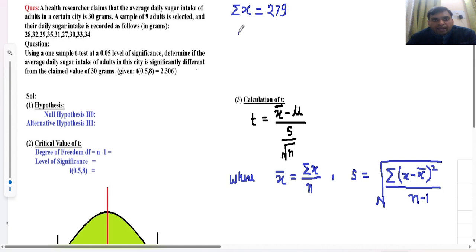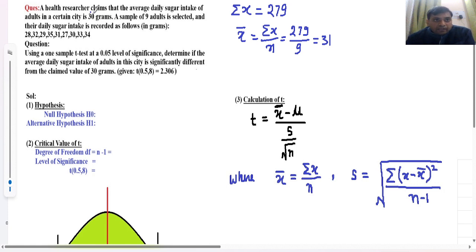If we need to find the average of this, simply x bar equals summation x divided by n. Summation x is 279 after adding all these 9 values, divided by the number of observations, 9. So you will get 31. So this is the average sugar intake of these 9 persons.